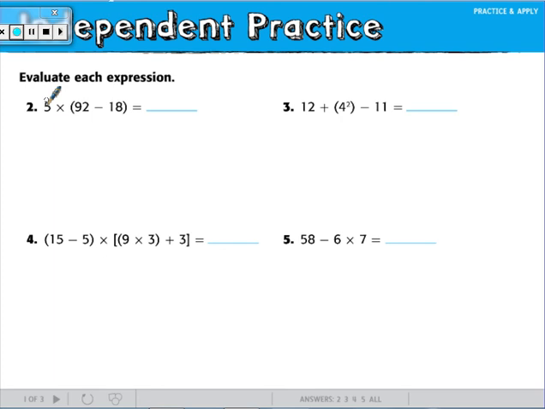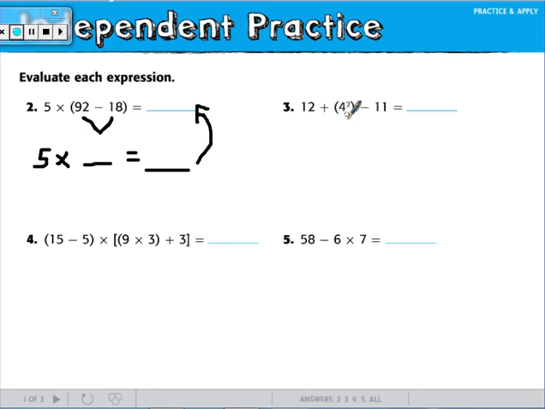Number 2 says it's 5 times parentheses 9 squared minus 18 close parentheses equals, and there's our line. I want to make sure that you put a V down here and you're going to write your answer for that. Then you're going to say 5 times your answer equals, once you have your answer down here on this line, you're going to move it up to that line, okay? Over here.